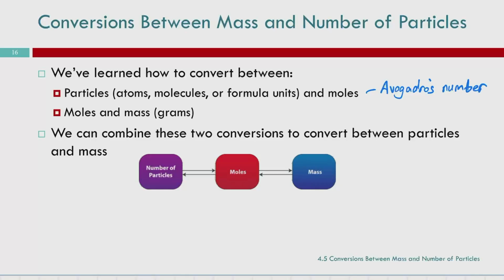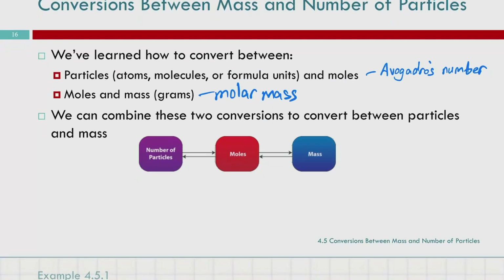And we've also learned to convert between moles and mass with molar mass. So we can stick those two things together to convert from the number of particles, atoms, or molecules, or formula units, all the way to mass in grams, or whatever other mass unit we might want to use.